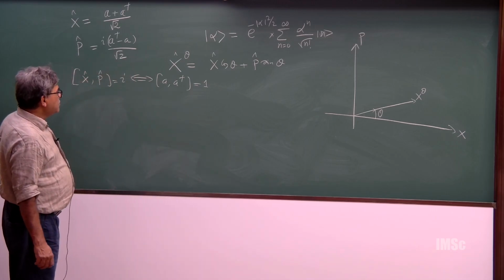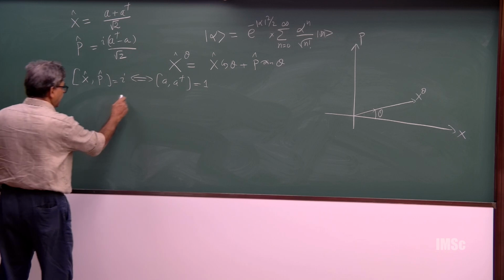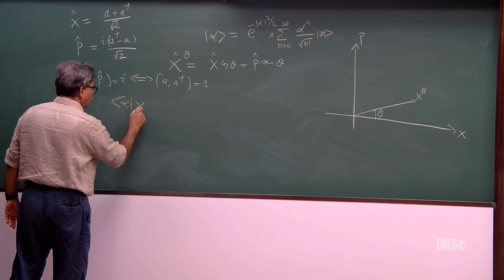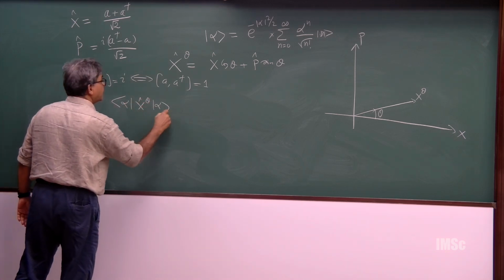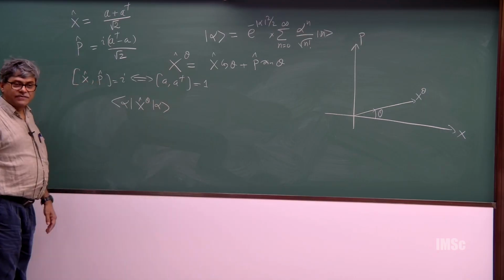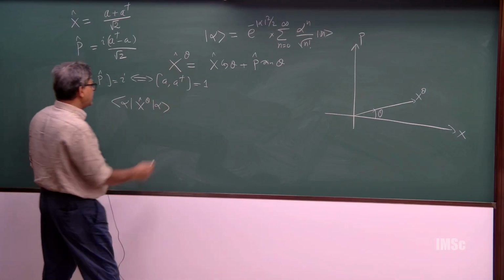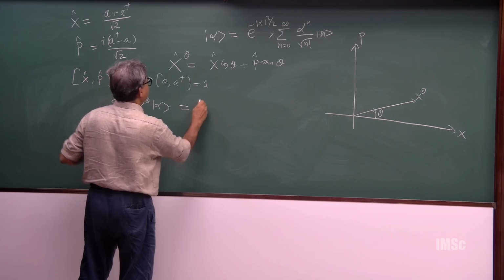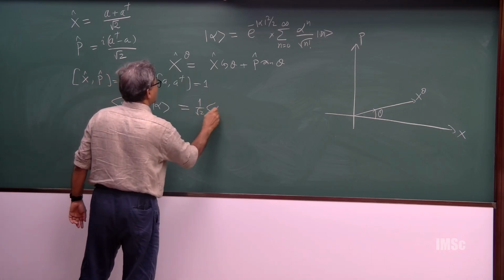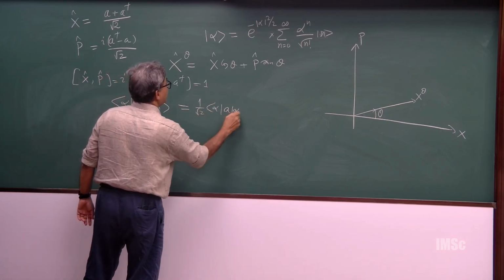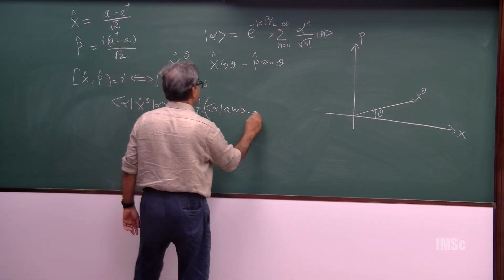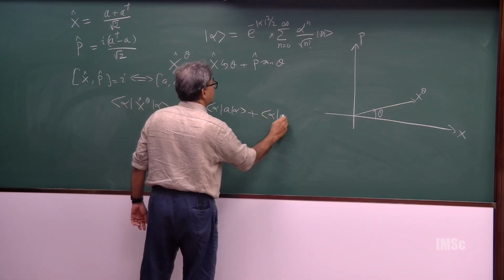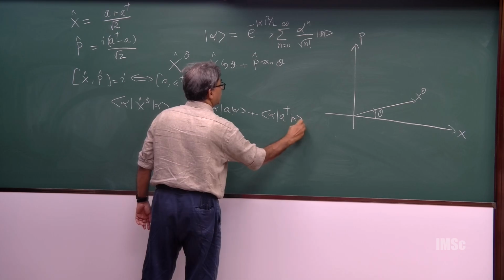Now, if I consider the expectation value of such a quadrature operator with respect to any such coherent state, then according to this definition it will be 1 upon root 2 times alpha a alpha plus alpha a dagger alpha.